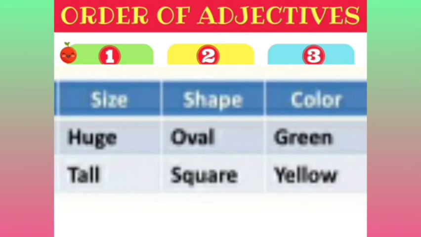This is the correct order for placing adjectives. Tall, square, yellow. This is the correct order for putting adjectives for your class. So the correct order for placing adjectives is size, shape and color.